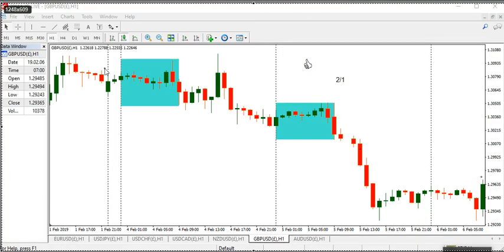So price is coming along. It does move above the box, but it doesn't close above the box. So that doesn't count, but price then comes down and closes here below the box. So that immediately qualifies that box as a down direction.